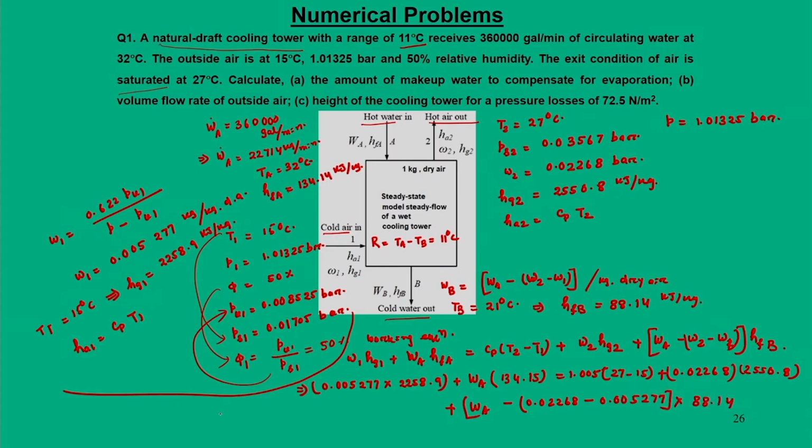So this equation can be solved for WA is equal to 1.23 kg per kg dry air.